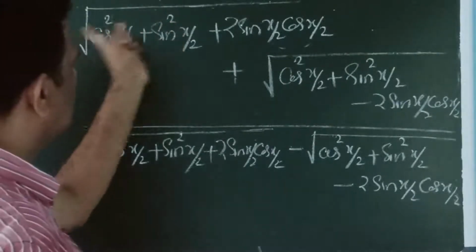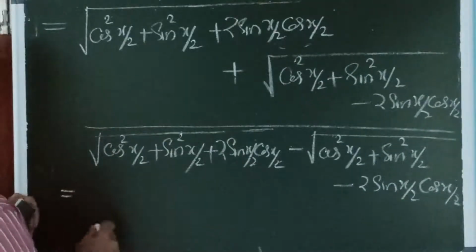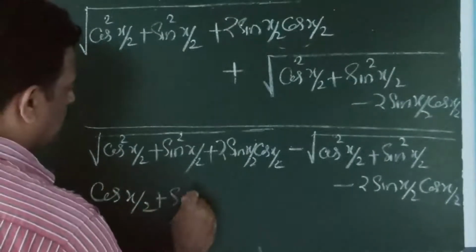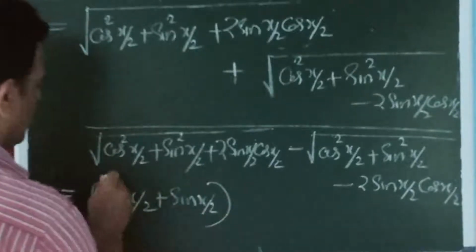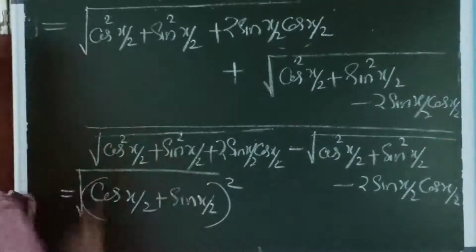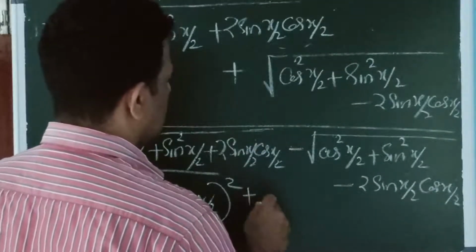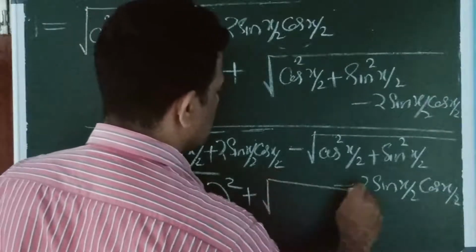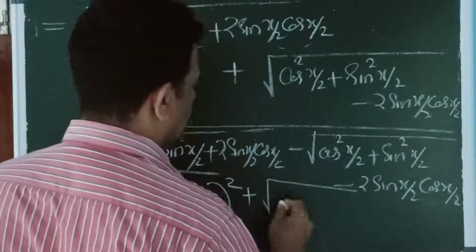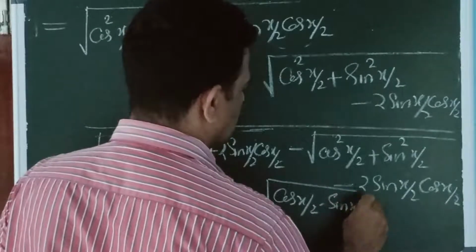Therefore the first term we can write like this: it is equal to the square root of (cos x by 2 plus sin x by 2) the whole square. That is clear. Similarly, this we can write in the form a square plus b square minus 2ab, therefore it is the square root of (cos x by 2 minus sin x by 2) the whole square.